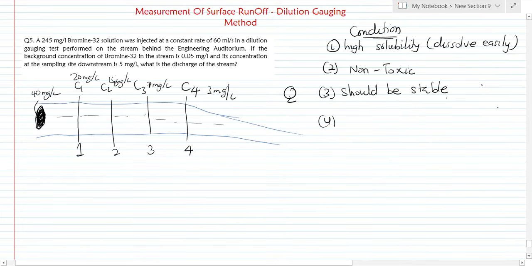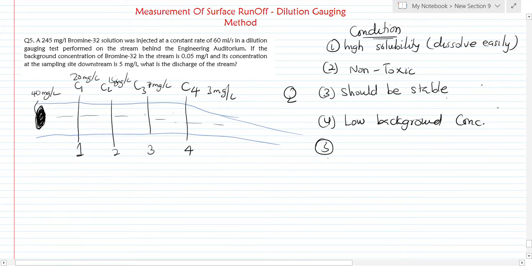Four, the substance should have low background concentration. So if we check the concentration of the substance in the river without putting the substance inside, the concentration within the river should be low. That's what low background means. Five, the tracer should be capable of accurate quantitative analysis in very dilute solution.